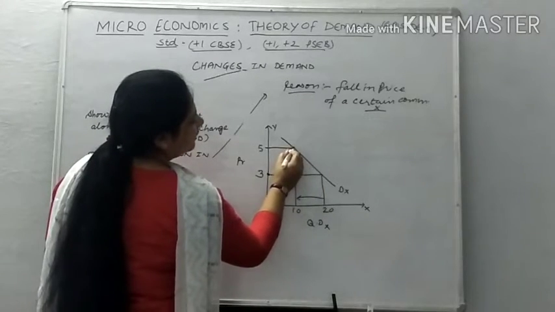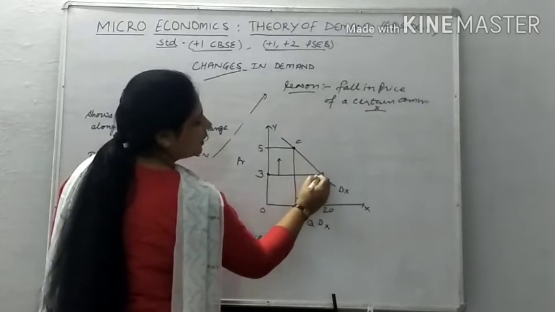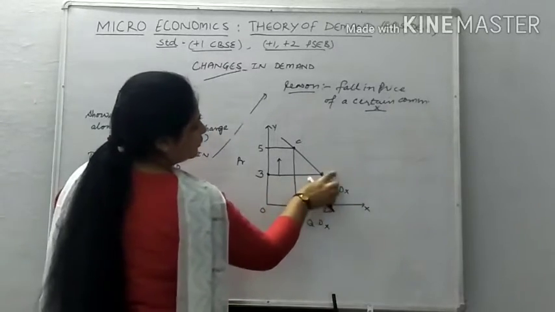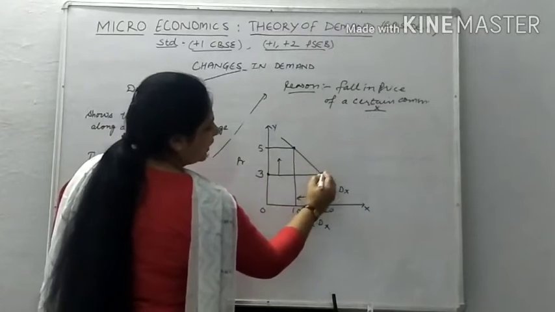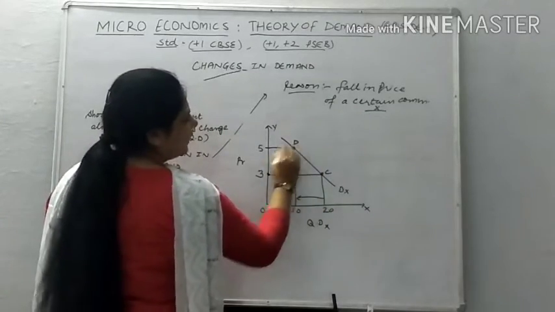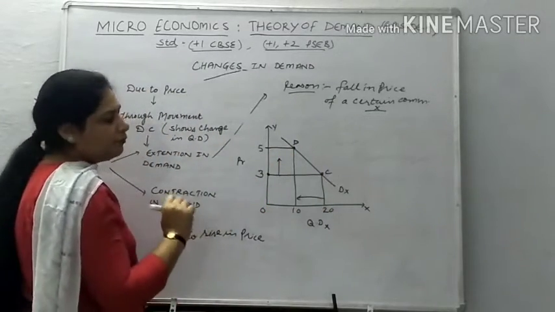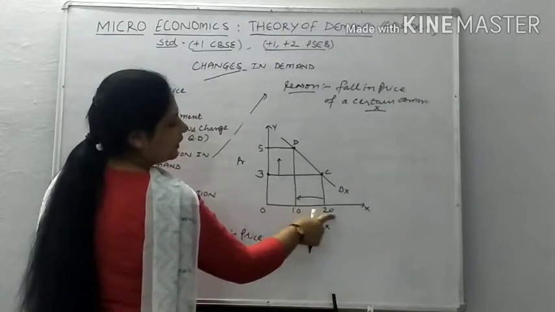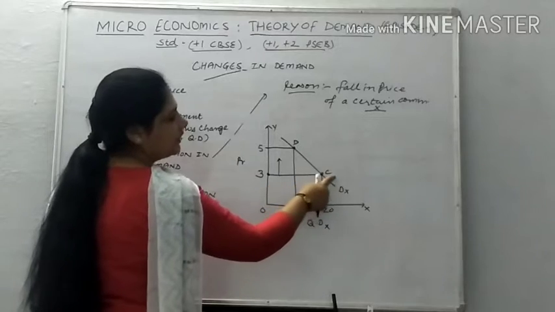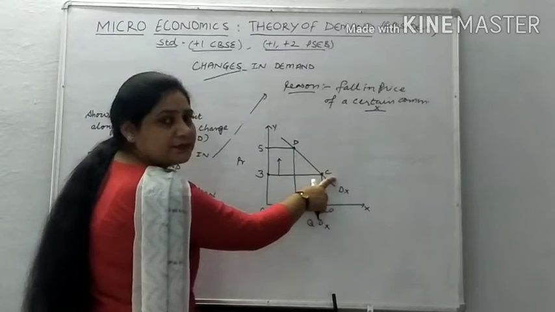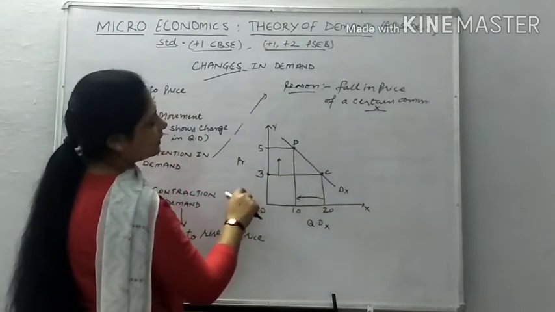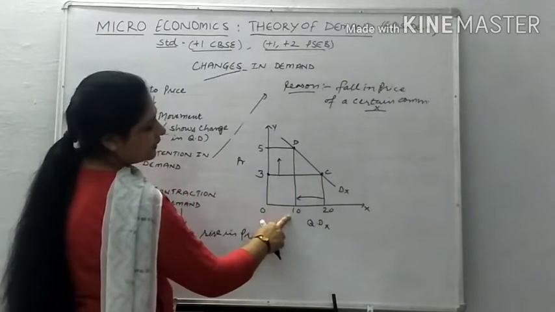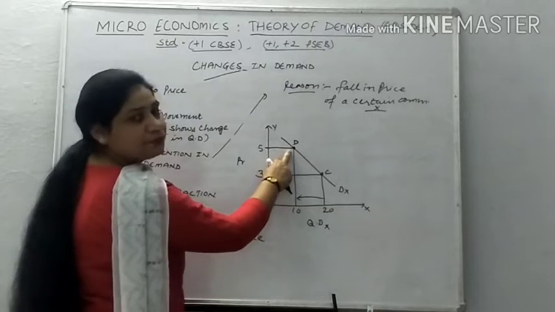Here I am taking the same points to make this concept clearer. We shall take point C and point D to make it more understandable. When the consumer purchases 20 units at 3 rupees, point C indicates this tendency of the consumer. Now the consumer contracts his quantity demanded at price 5.